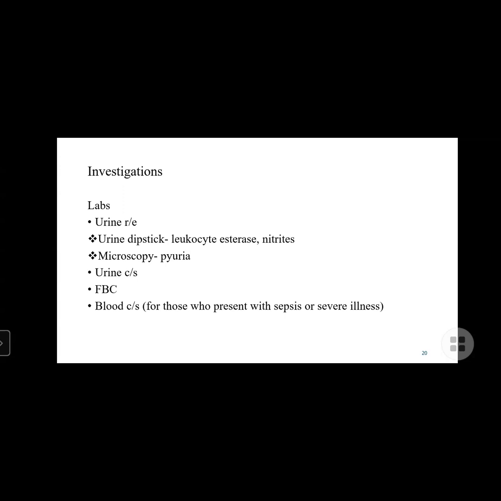We should also note that urine CS isn't only indicated in patients who are going to be treated on an inpatient basis. Whether the patient is going to be treated as an inpatient or in outpatient settings, we should always do a urine CS because of the possibility of antibiotic resistance.